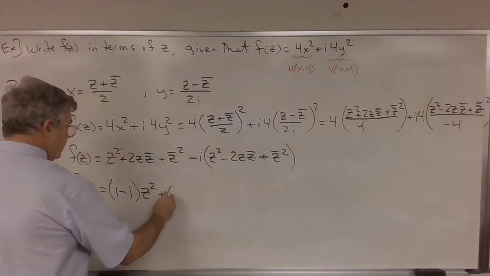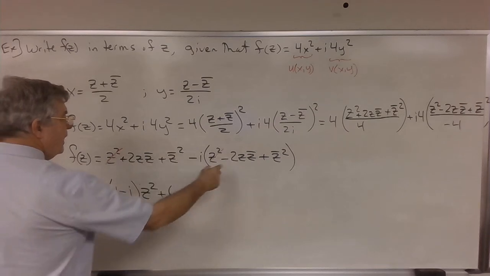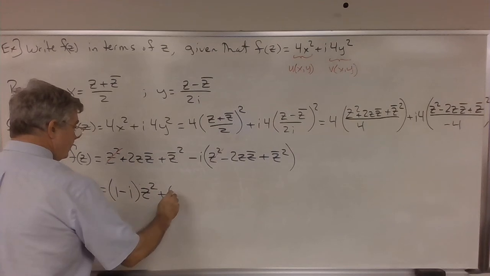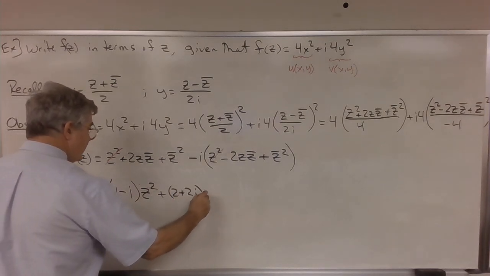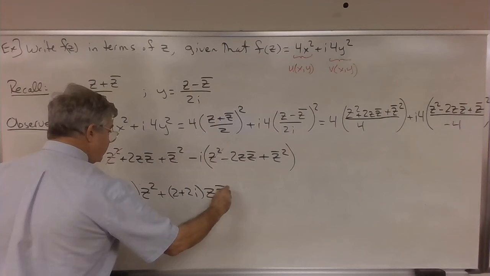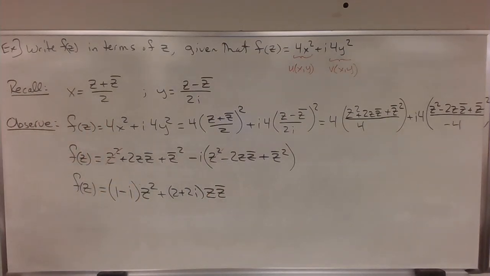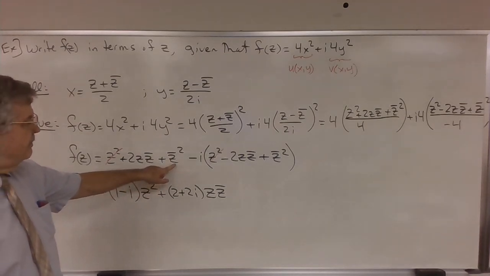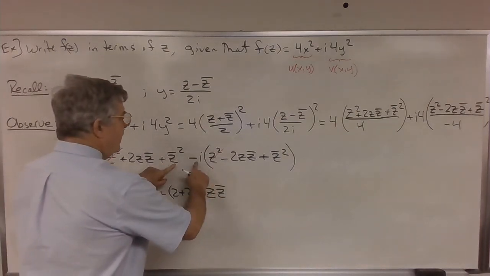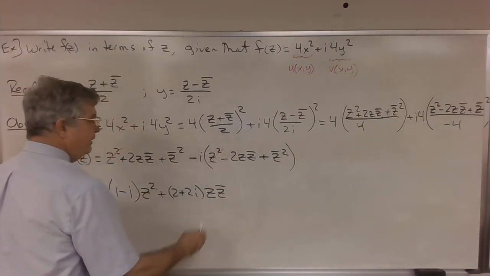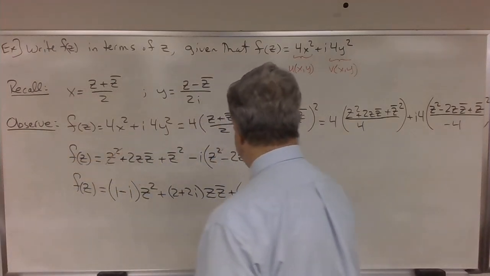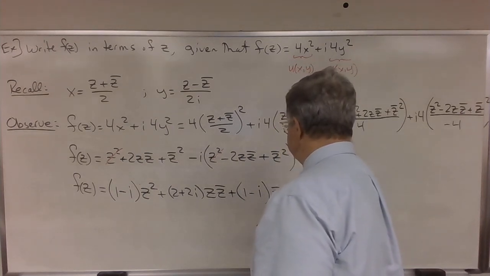So 2 and 2i times z conjugate. So 2 plus 2i times z conjugate, I hope. Yeah, that's right. And then z conjugate squared, I have 1 times z conjugate squared and minus i times z conjugate squared. So that would be 1 minus i, z conjugate squared.